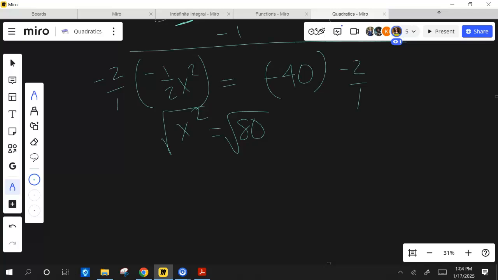It's a big number. There exists a perfect square that I can divide 80 by. 16. 16 and what? 5. 4 square root 5. Plus or minus 4 square root of 5.